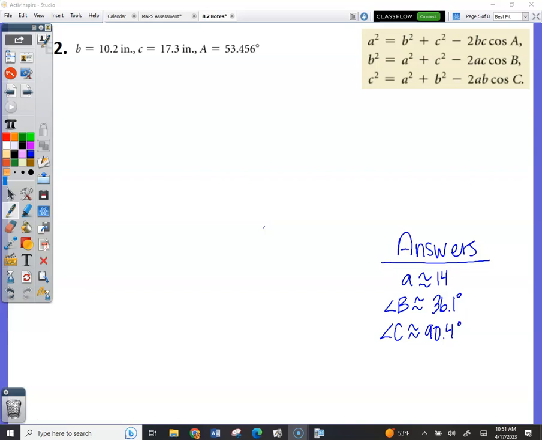Let's do a side problem. That's the next slide. The next slide is where all the info you know is the sides. Nothing changes in terms of it's still law of cosines. It's just a matter of you have to find an angle first, then you have to find the second angle, then the third angle is just 180 minus the 2 that you just found.